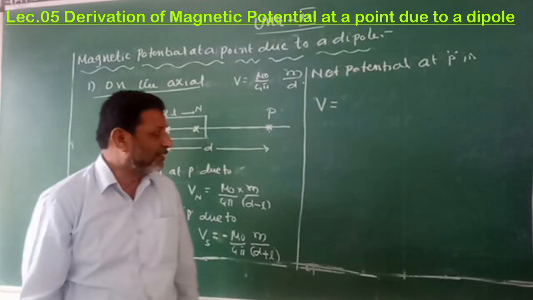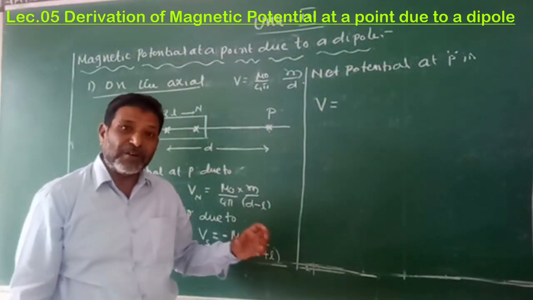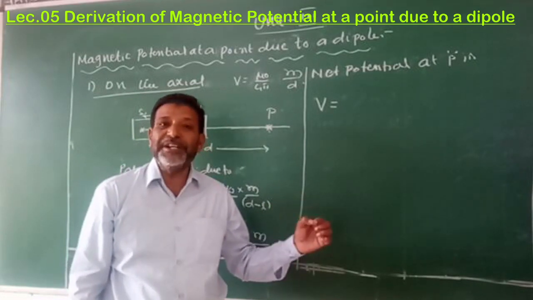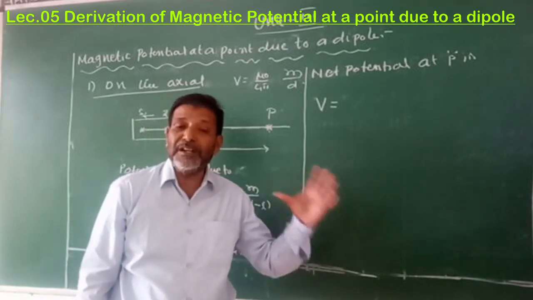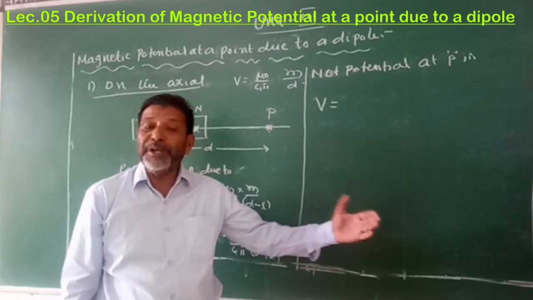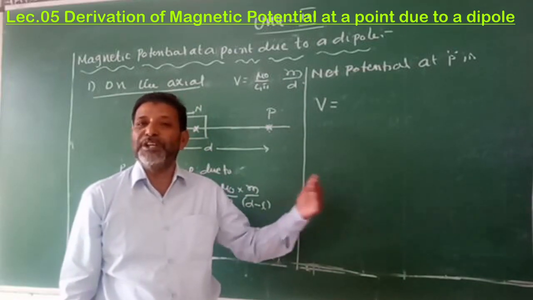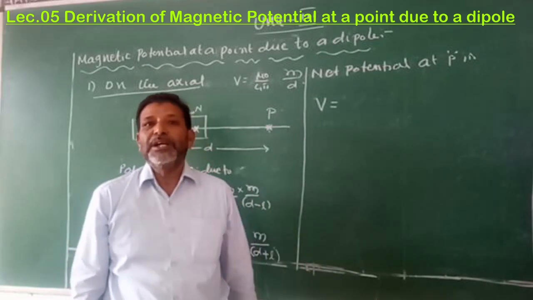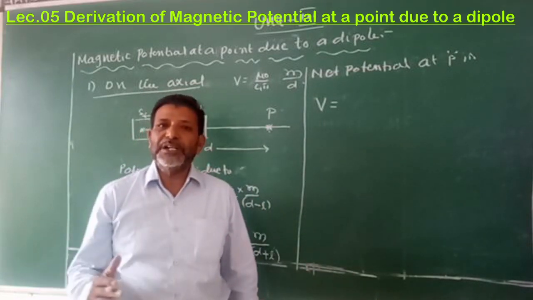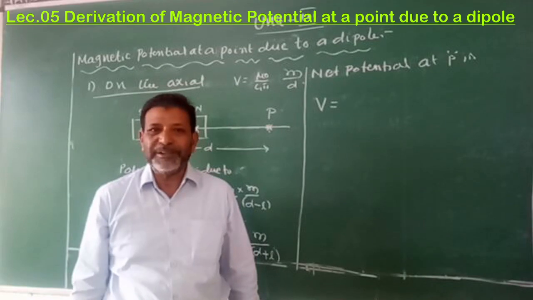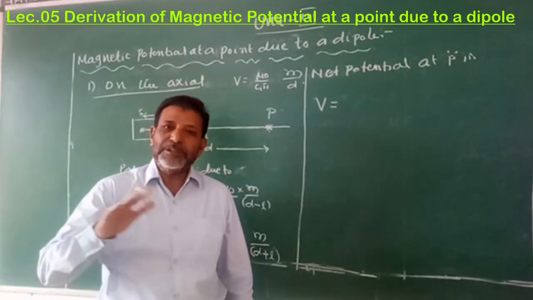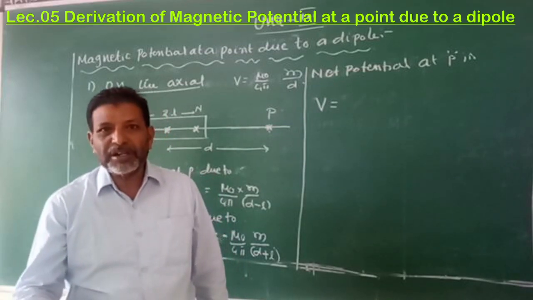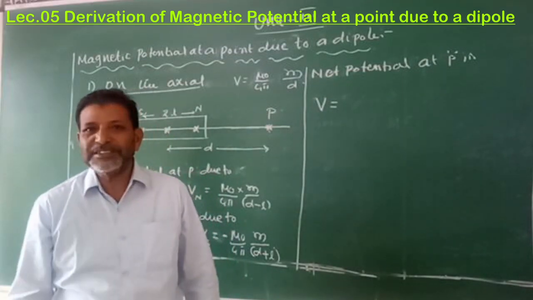According to the definition, the potential at any point in the magnetic field is equal to the work done in bringing a unit pole from infinity to the point. Since work done is a scalar quantity, potential is also a scalar.